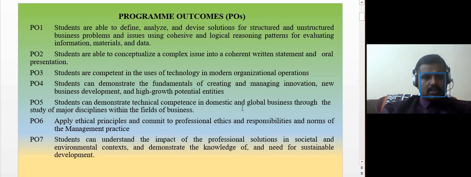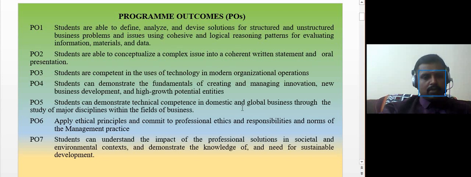And the fourth outcome of the program is that the students can demonstrate the fundamentals of creating and managing innovation, new business development and high growth potential entities. And program outcome 5 is that students can demonstrate technical competence in domestic and global business through the study of major disciplines within the fields of business.